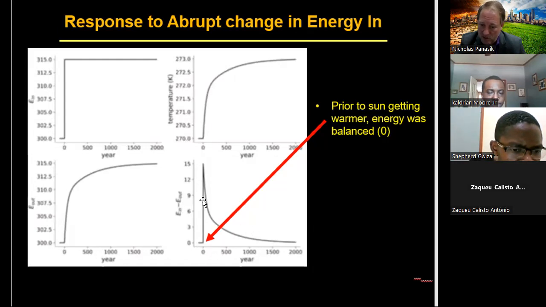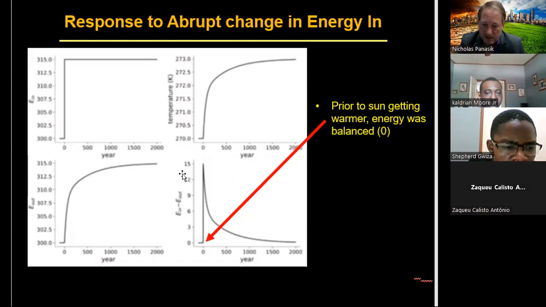It came down quickly at first as we warmed up the mix layer and we could emit more energy from the mix layer, but then it took longer for the deep ocean to heat up over here. And so it took longer for the energy out to increase. But eventually that difference is going to fall back to 0. And that looks like it took about 2,000 years.